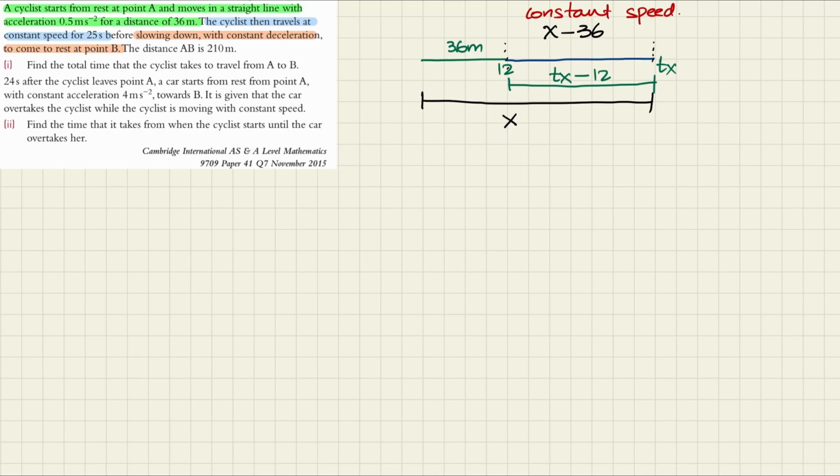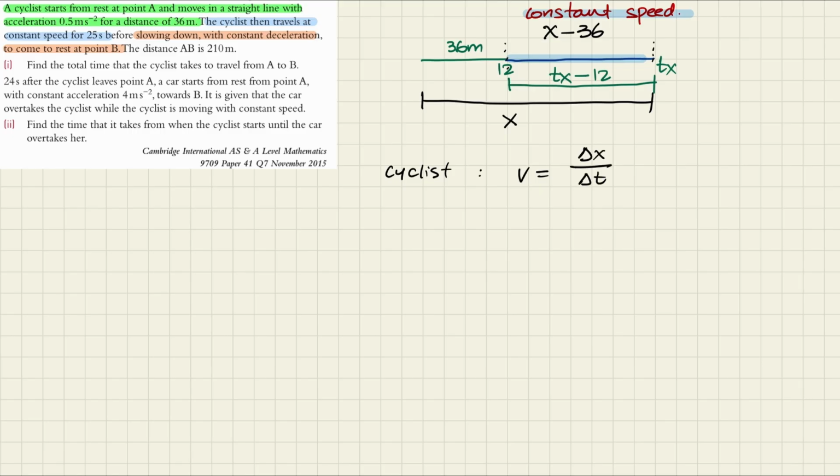We can say that since that blue section is constant speed, we can use a constant speed formula. So the formula is, now remember again, this is for the cyclist. The speed is equal to the distance divided by the time.